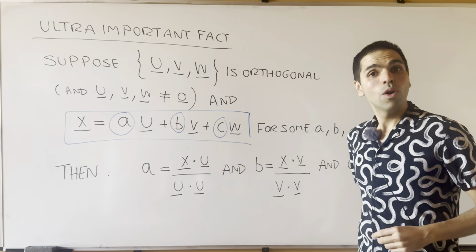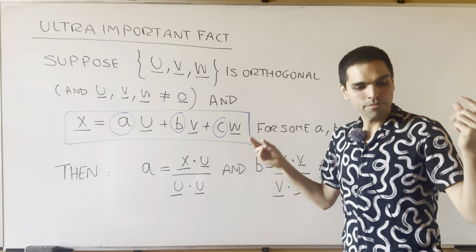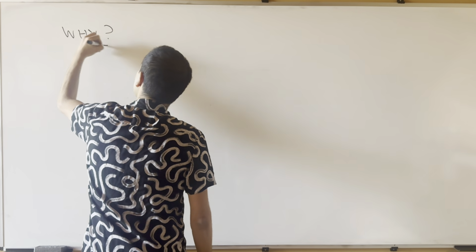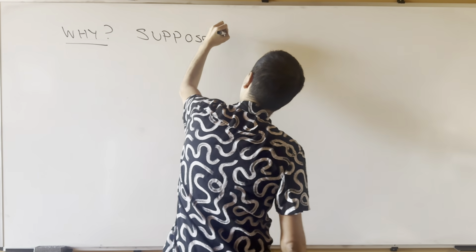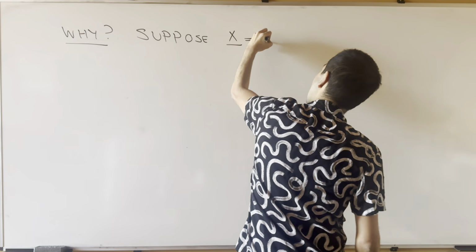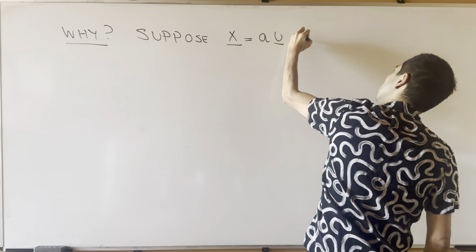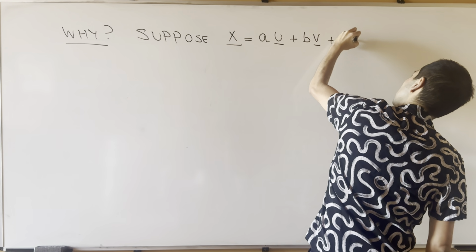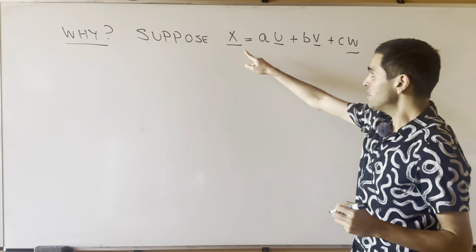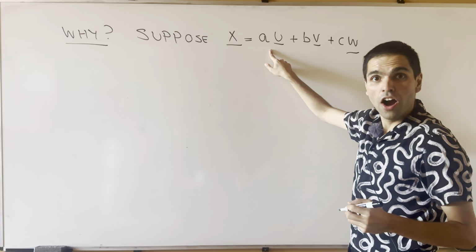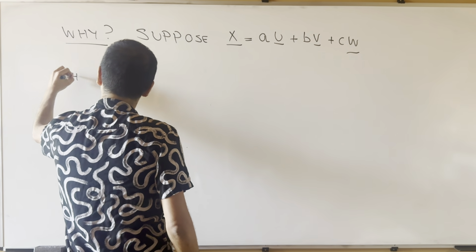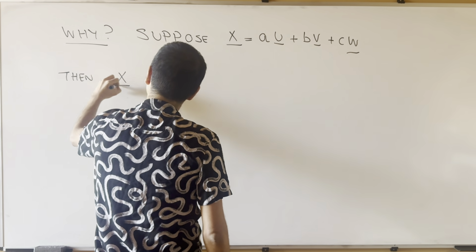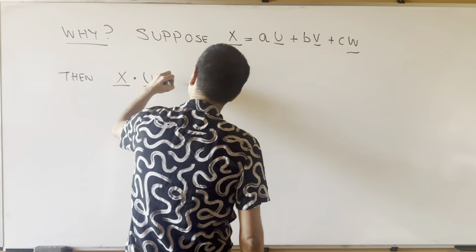Last but not least, why is this true? Let's prove it. So why? So suppose, once again, x is au plus bv plus cw. And let's take x and hug it with u and see what we get. So then x dotted with u.